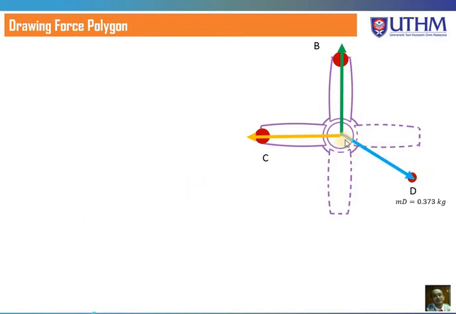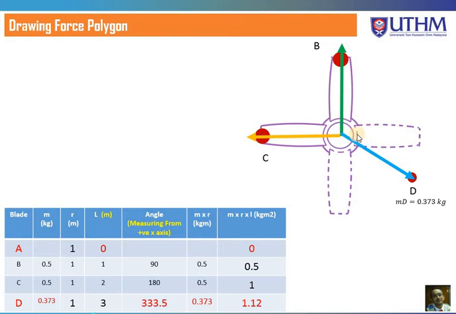So this is the new mass D, with an amount of 0.373 kilogram at the angle of 333.5 just now.